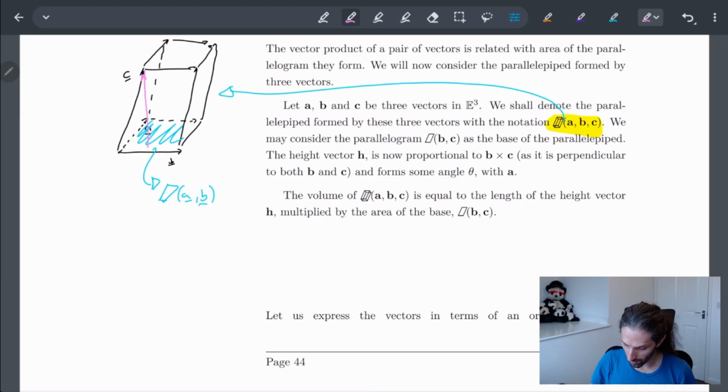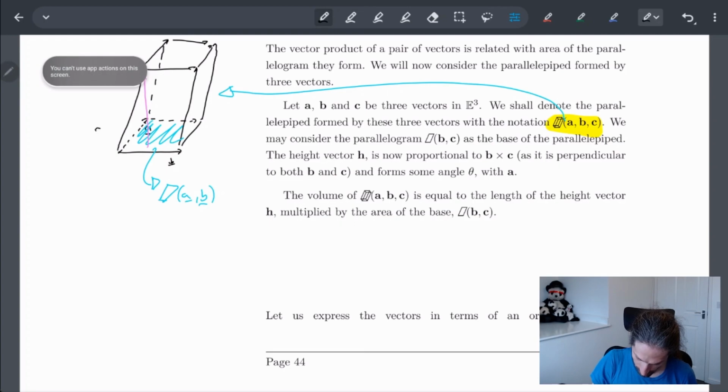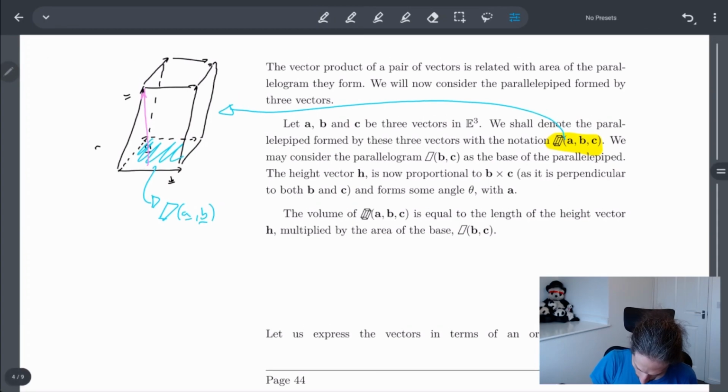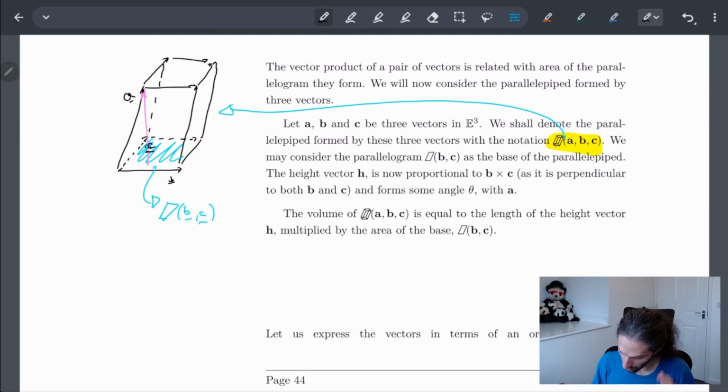To make these match with the notes, I'll rewrite these so that A is on top, and then B and C are down here. And this one's hidden, so I'll just write it over. So here we have an H vector, which is giving me the height of the parallelepiped.